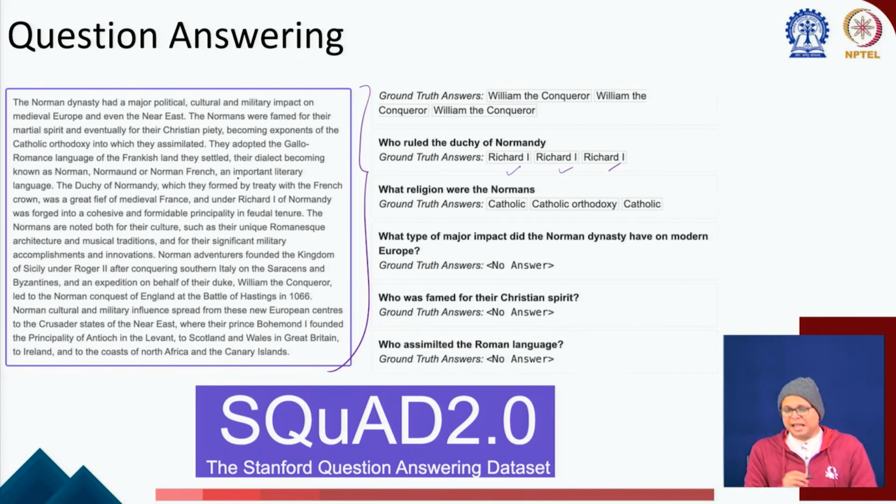There are also questions that do not have answers in the paragraph. This is the SQuAD 2.0 version, and you have to really find the answer and do various evaluations to see how close you are to the ground truth answers.